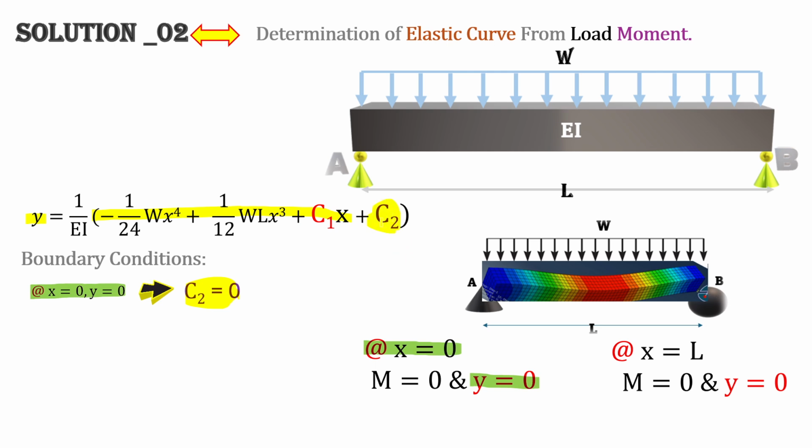Then by the second boundary condition at x equal to L, again y is 0 because there is a reaction here. It doesn't let any upward or downward movement, so it gives us C1 equal to negative 1 over 24 WL cubed.